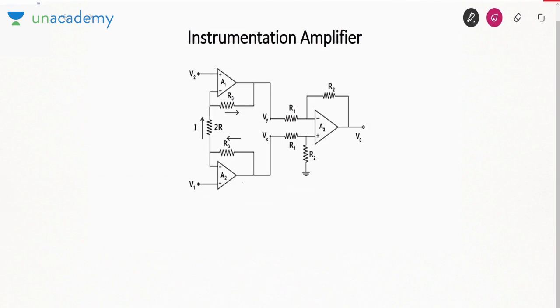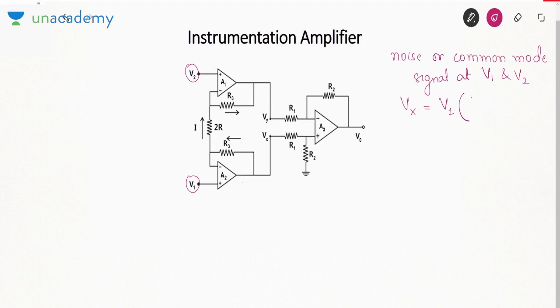Now, what is the drawback of that configuration? Suppose there is noise or a common mode signal at V1 and V2. Then we have seen that Vx is V1 times 1 plus R3 by R, and Vy is V2 times 1 plus R3 by R. That means the noise gets amplified by what factor?